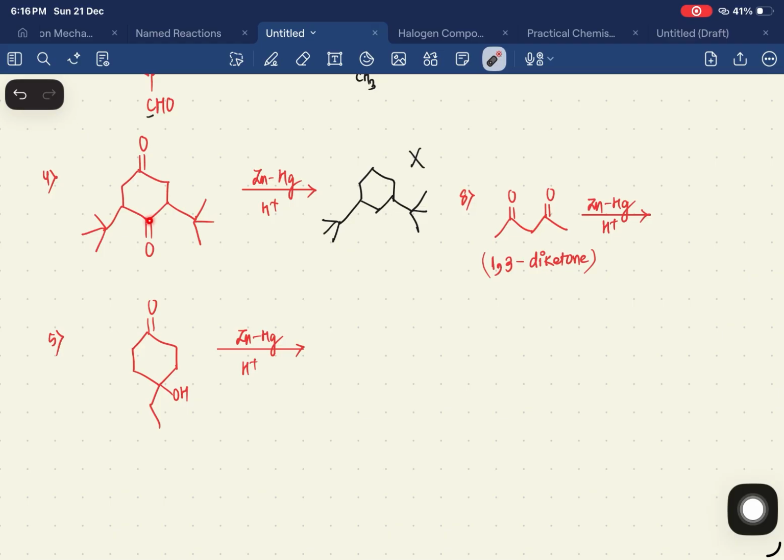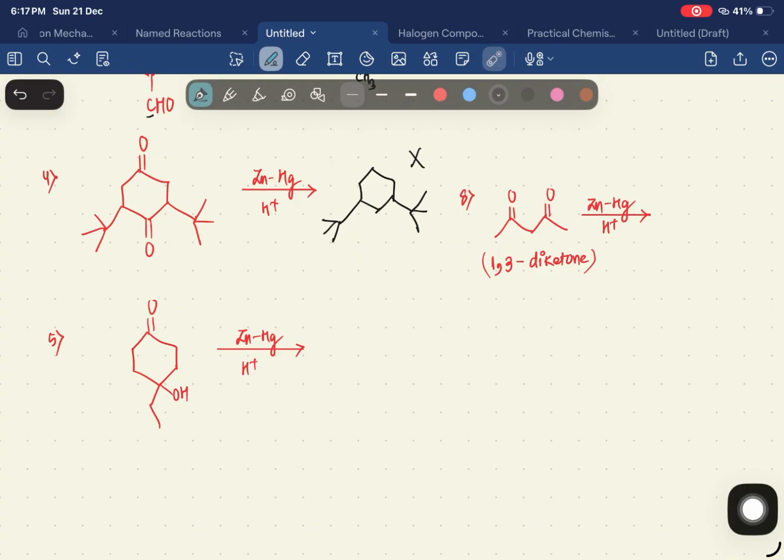Here we have a carbonyl group, and this one is inside 2 bulkier groups. That's why this particular reaction will not occur at this position. Only this carbonyl group will be reduced to alkane, but not this one. So we have to write it in this way, so that it is absolutely correct.